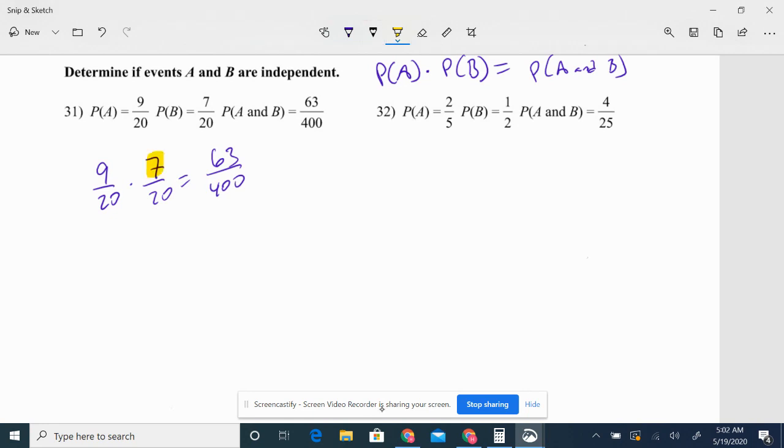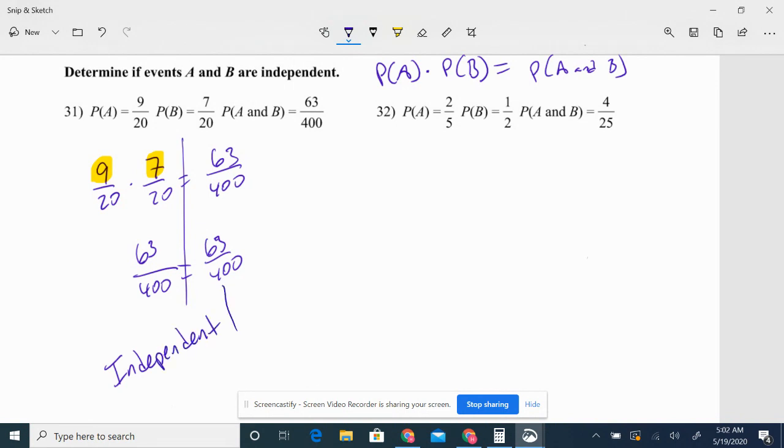On the left side of my equal sign, 9 times 7 is 63, and 20 times 20 is 400. Is 63 over 400 equal to 63 over 400? Yes. So in this case, these are independent. Remember, it's independent if the probability of A times the probability of B equals the probability of A and B.